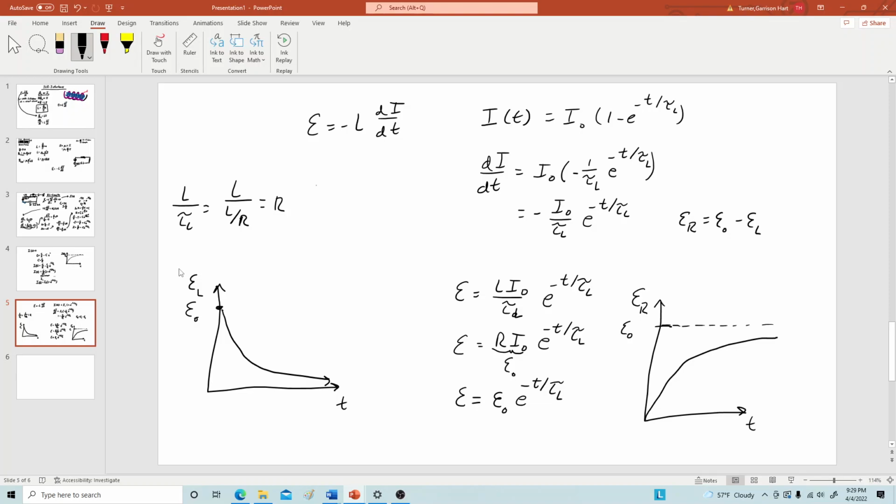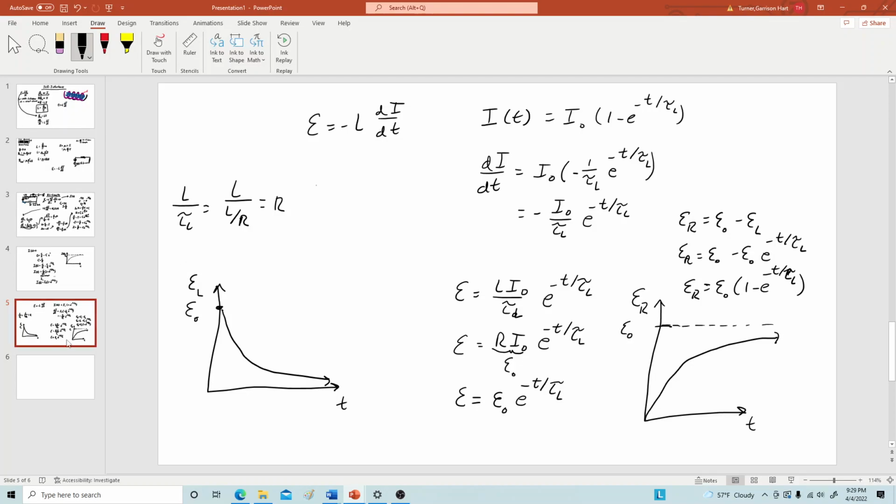So you would get the exact same form mathematically as you do the current. Okay. So your potential across the resistor is going to grow just like your current is, and that should make sense because everything that happens with the current will happen with the resistor in step. Okay, so that should be no surprise.